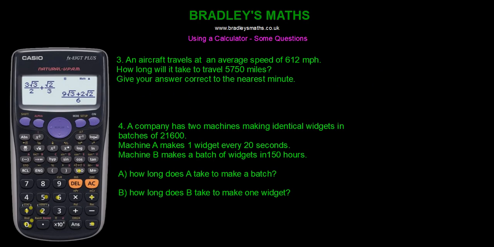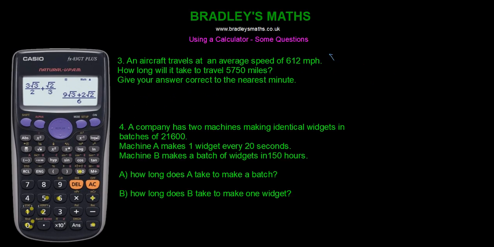So you may have done speed, distance, time in physics. You may not. Let me just give you the formulas. Speed equals distance over time. So time must equal distance divided by speed. Okay, that's what we're going to use.